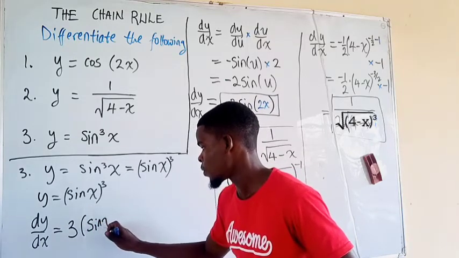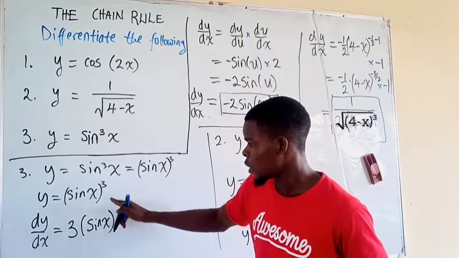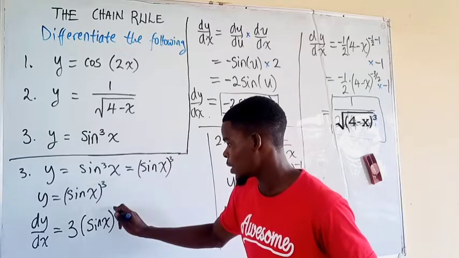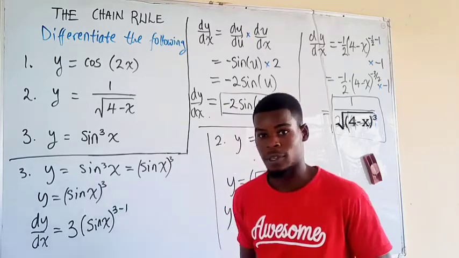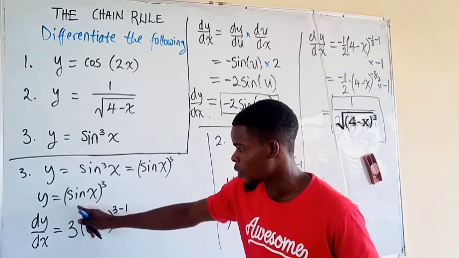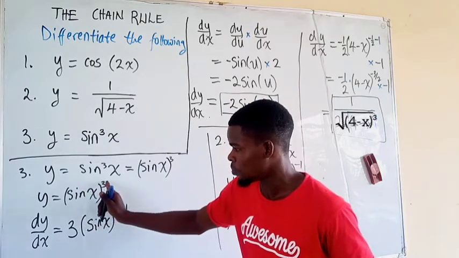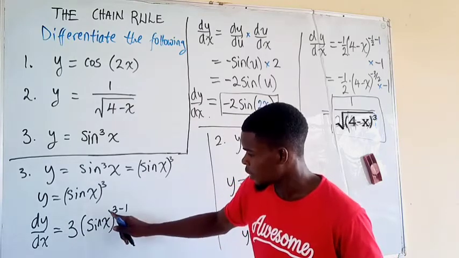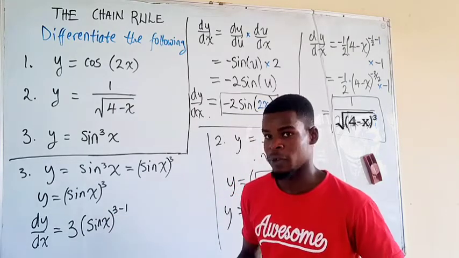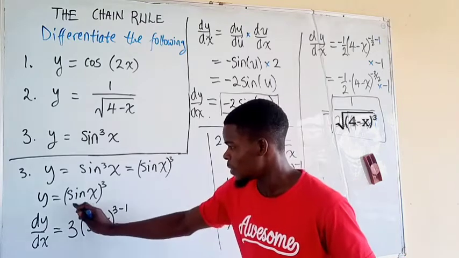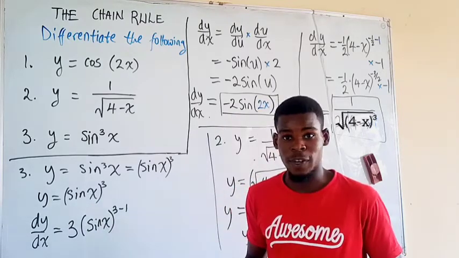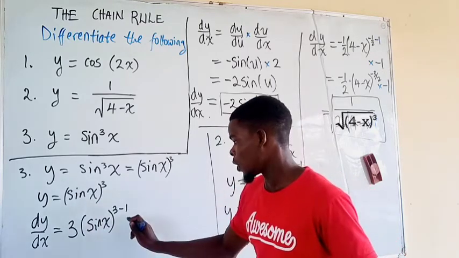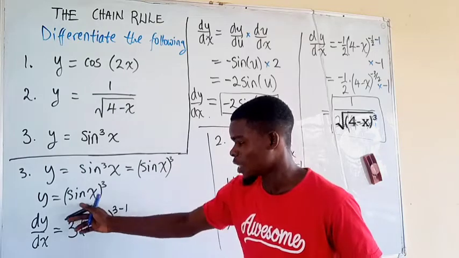And then you raise it to the power 3 minus 1. That's just by looking at this as a single variable. You use the power rule, bring the 3 to the front, write that thing, then subtract 1 from that power. But since this inside is not just a single variable, it is a function of x, we need to multiply it with the derivative of the inside.